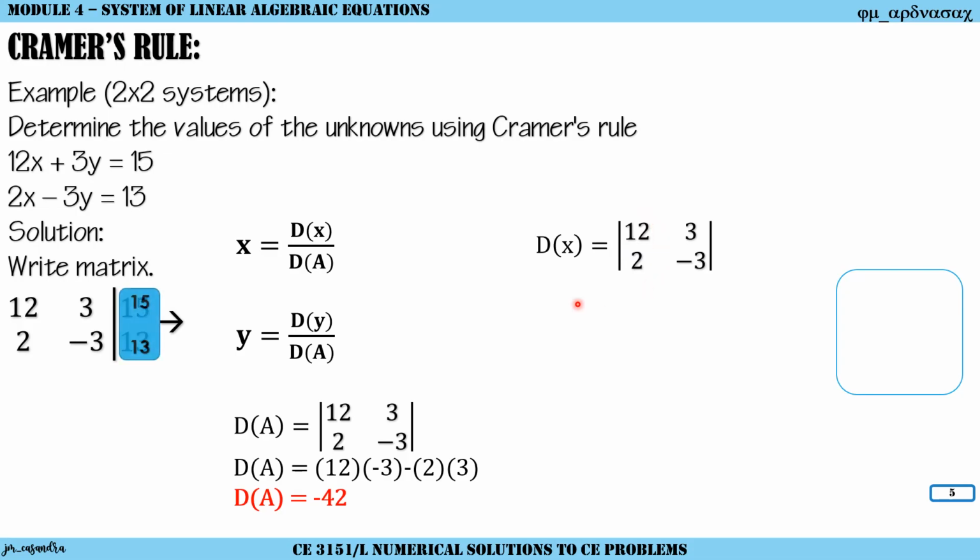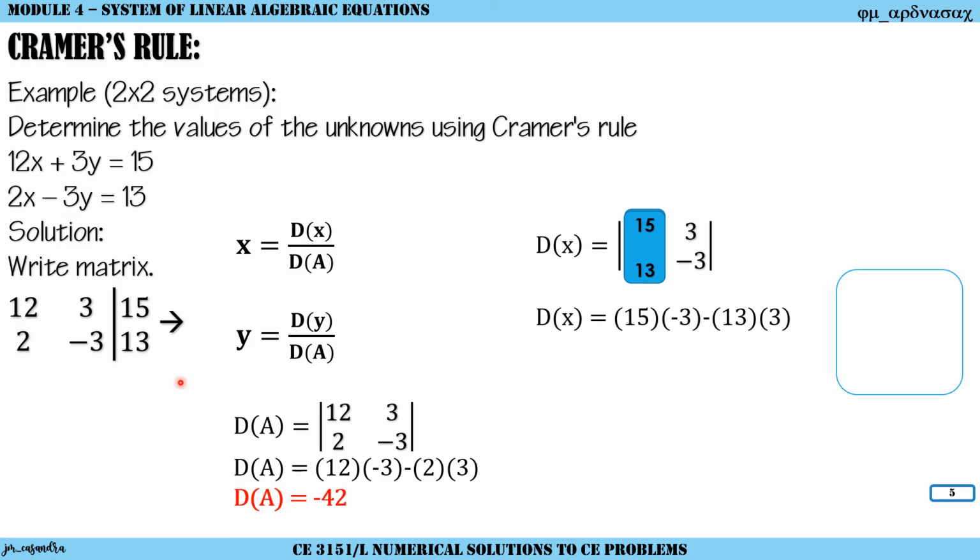So what we will do is change or replace column x with the column of our constants. With that, we can now solve for the determinant of x. That will be 15 times negative 3 minus 13 times 3, giving us a value of negative 84.